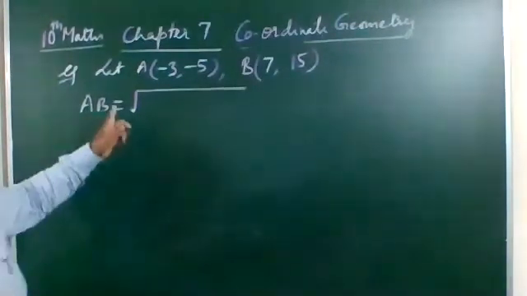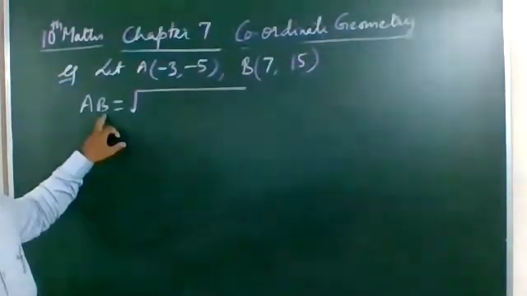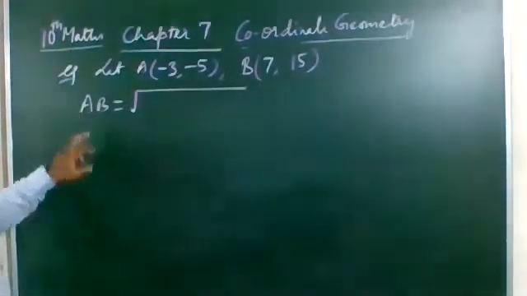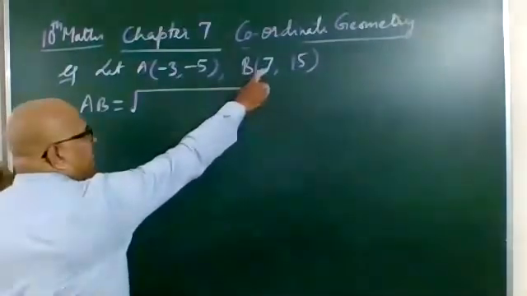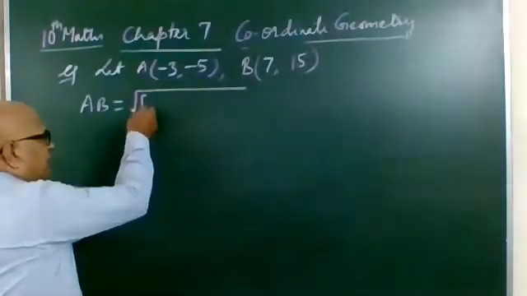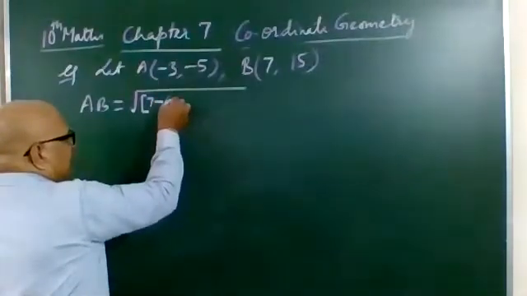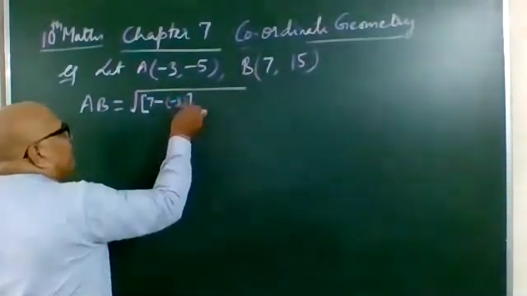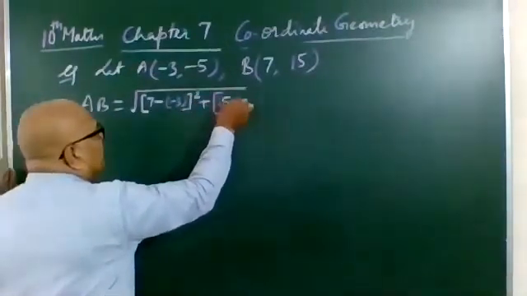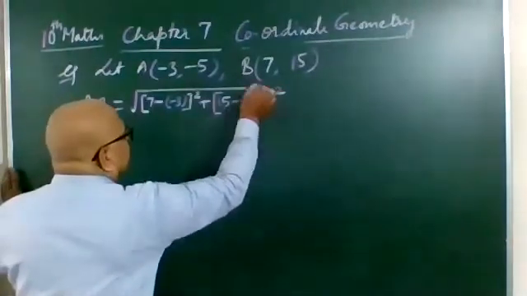But when we are doing AB, maximum students make the mistake, so learn the pattern. That is, the coordinate of B should be first, B minus A. That is, the abscissa of B is 7. So you will write 7 minus of minus 3, whole square, plus 15 minus of minus 5 whole square.